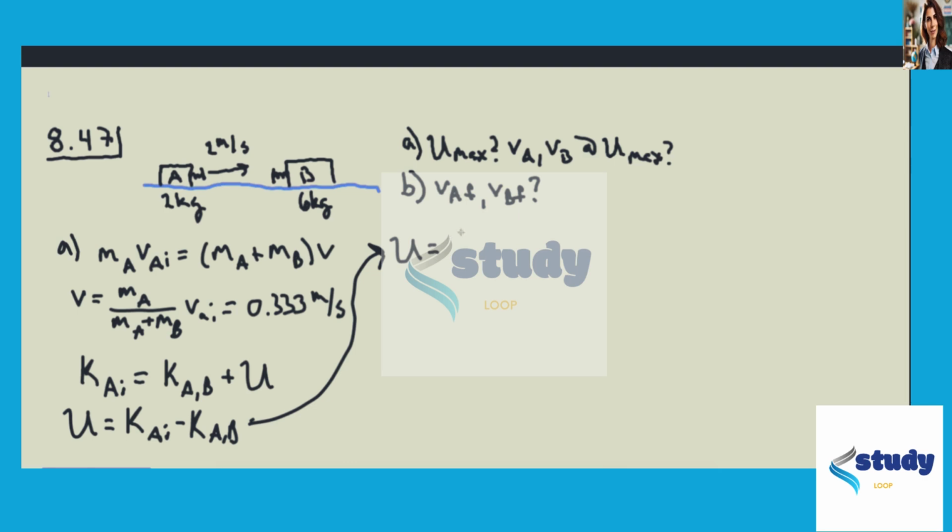So then this would be 1/2 m_A v_A initial squared minus 1/2 the total mass times the speed that we just called v squared.